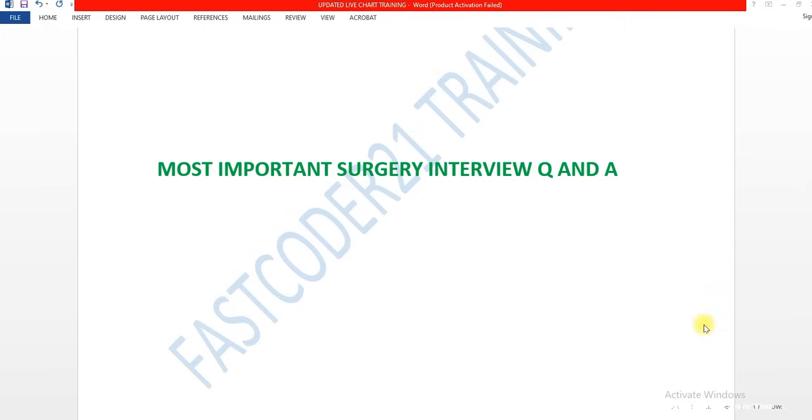So what is the difference between 19340 and 19342? 19340 is for initial breast implant, 19342 for replacement. Insertion or replacement. So basically for 19340, for example, today is June 8th.